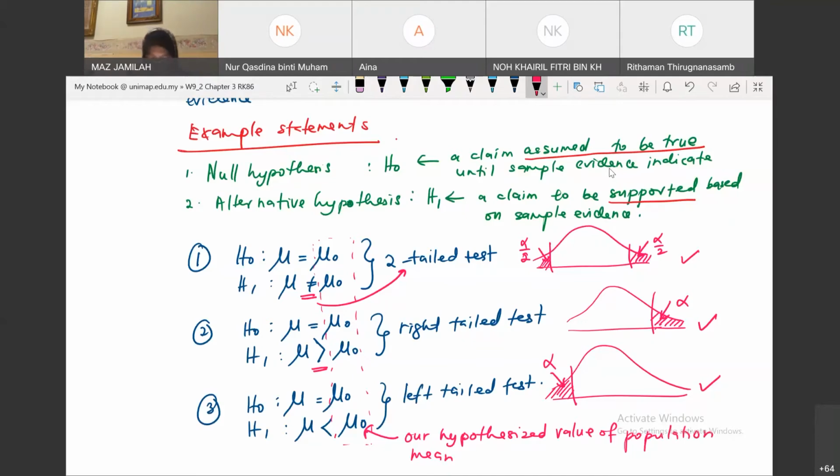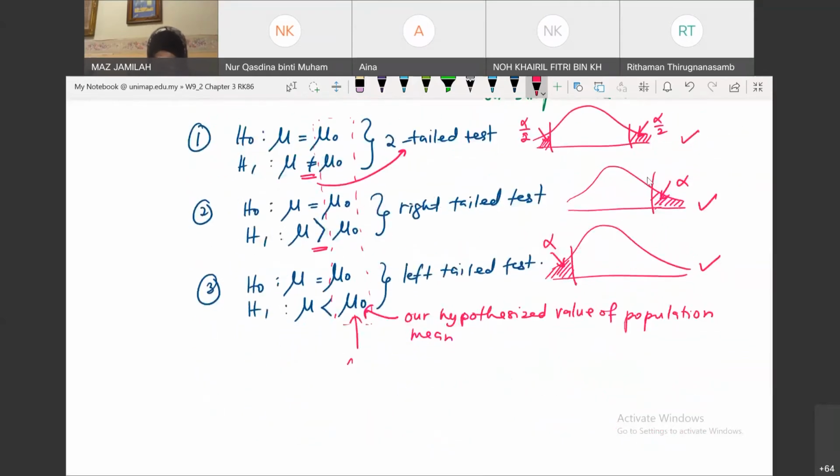This will always be given in terms of value. The value that you need to test, whether your mu is actually equal to, or less than, or greater than your hypothesized value.